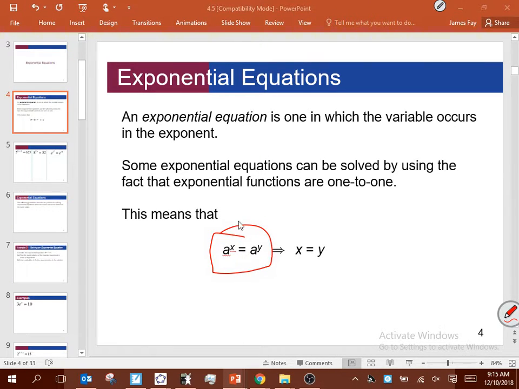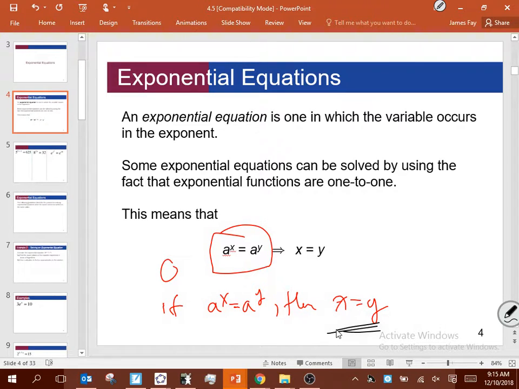So if I start off with something like that, this arrow says it implies x is equal to y. Or we could write this as: if a to the x equals a to the y, then x equals y. And that would then be the concluding equation that we solve, okay? That's the most simplistic way of solving and dealing with exponential equations.